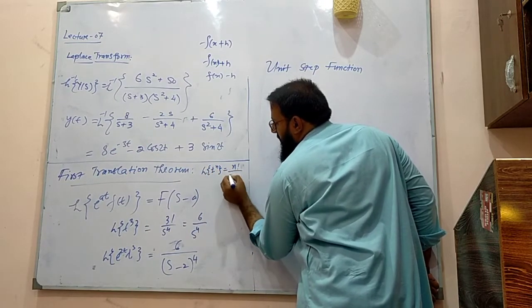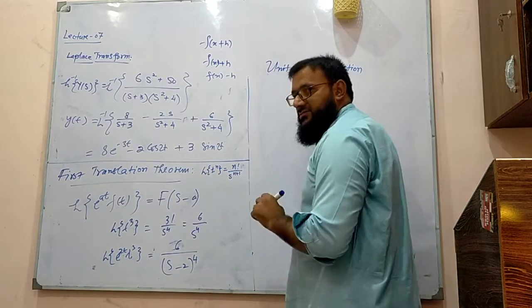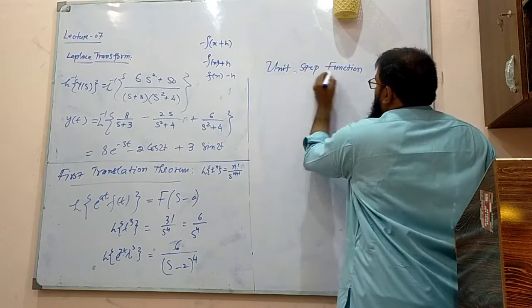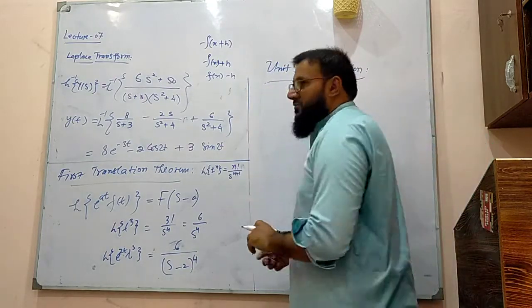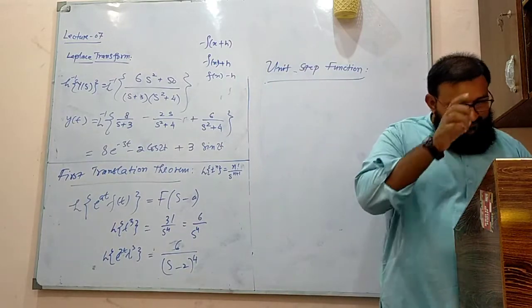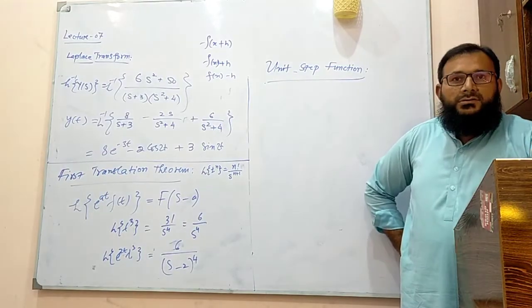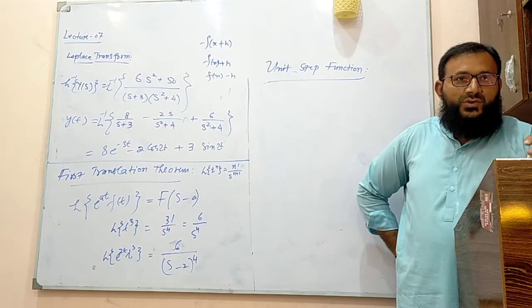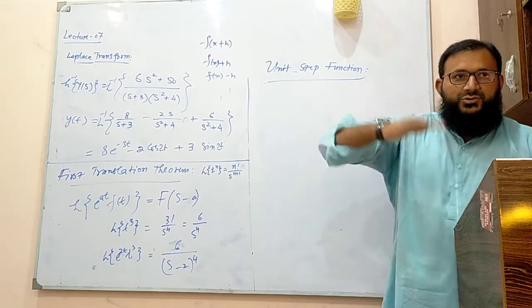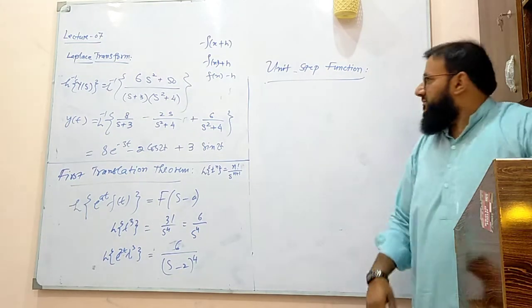It's n factorial over s power n plus 1. What is the unit step function? Unit means one step, you are going somehow up or down.